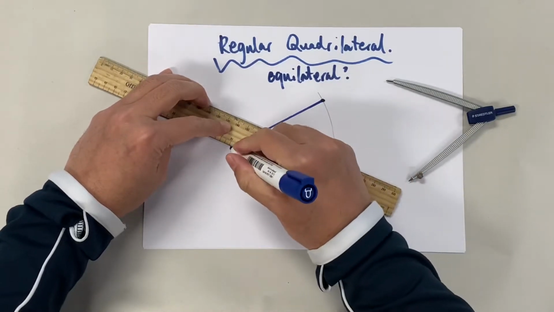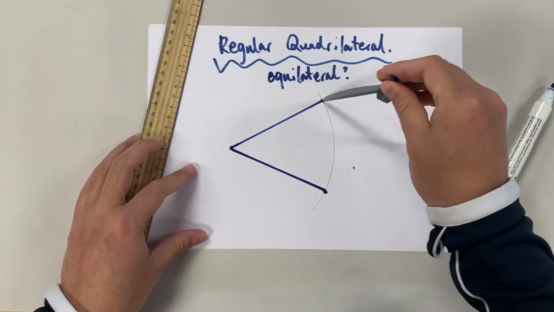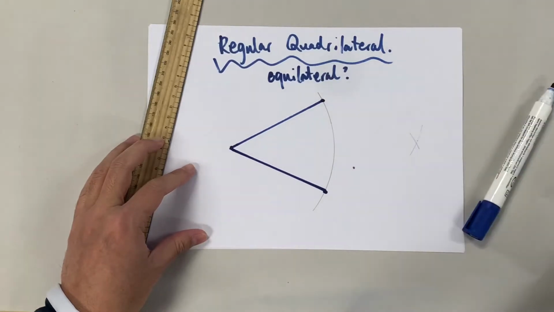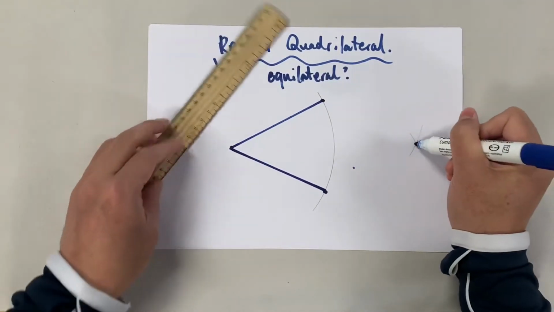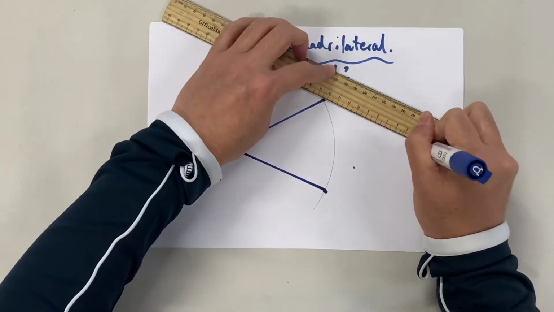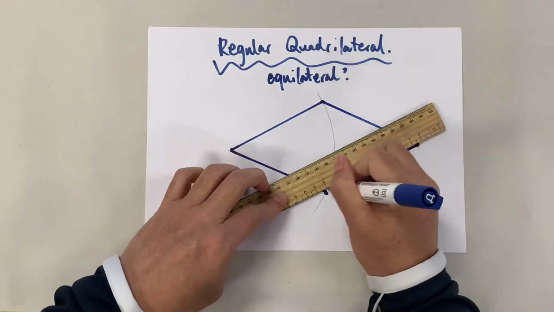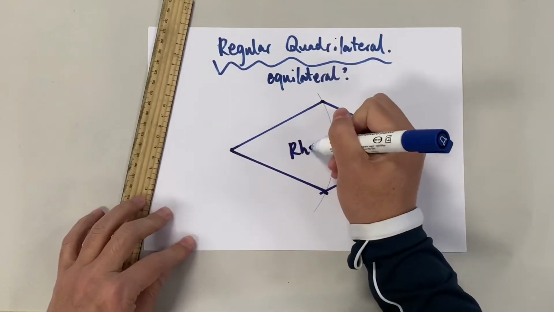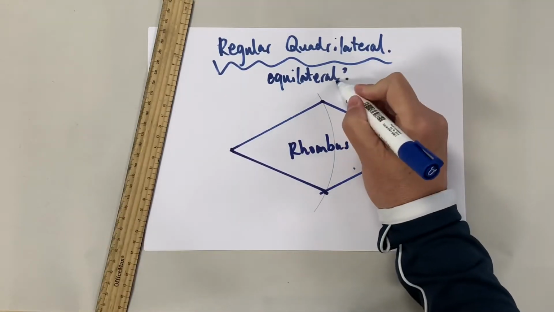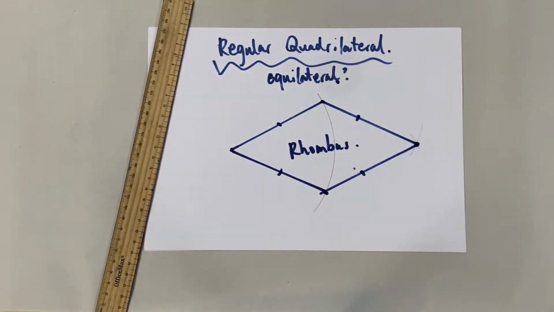Oops, that's not perfect. Then I have another same length here, and from here as well. The cross section here, if I draw this becomes a, who knows the shape? This is a rhombus. A rhombus is an equilateral quadrilateral, meaning the sides are all the same size.